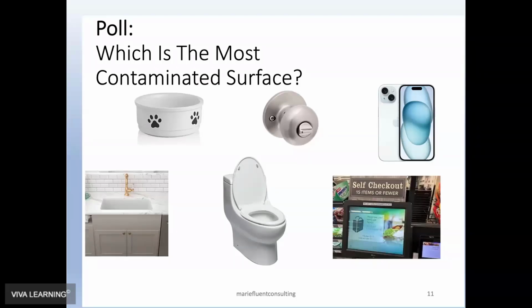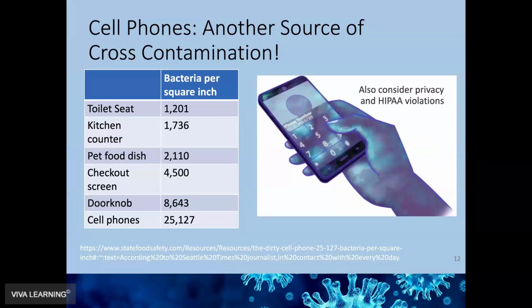Now, the study that I'm about to show you does not come to us from the medical or dental industry. Instead, it comes to us from the food industry. And this is the result of that study. If you look at the chart on the left-hand side of the slide, you can see the number of bacteria per square inch of each of the surfaces that I listed on the previous slide.